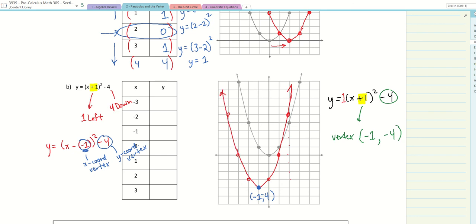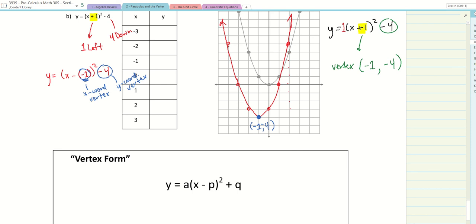All right, so putting it all together, the vertex is identifiable from what's subtracted. Remember, we could write this as 1 times x minus negative 1 squared minus 4. Instead of writing minus 4, to make it the same, I could write plus negative 4, because that's the same as subtracting 4.